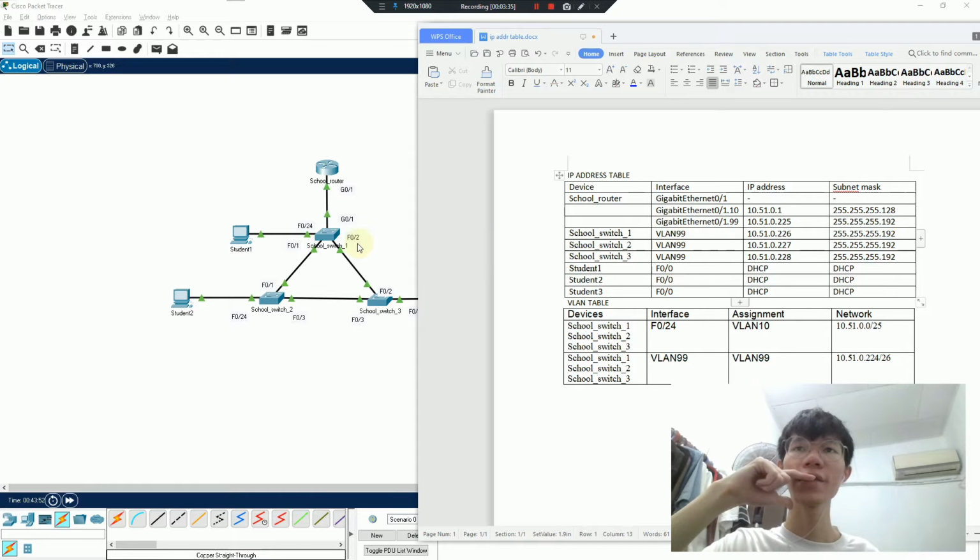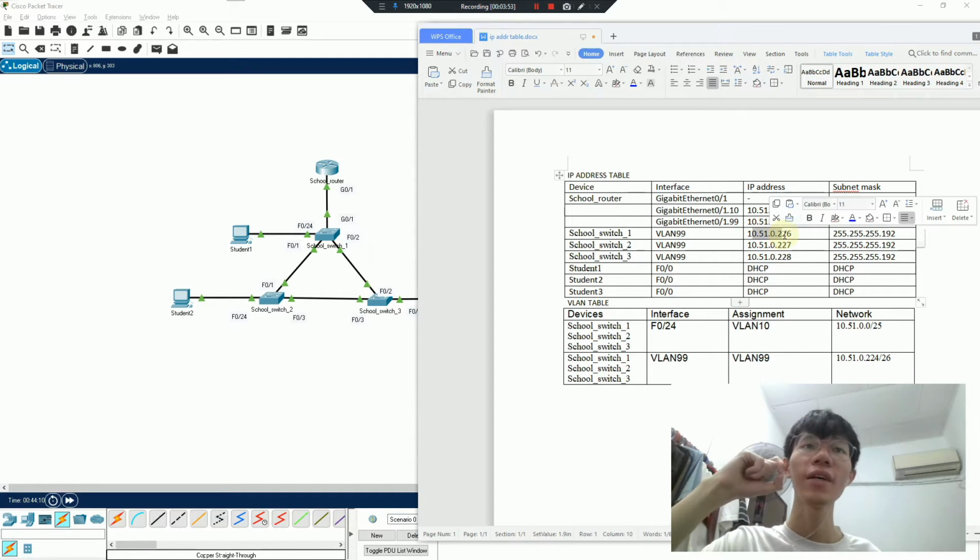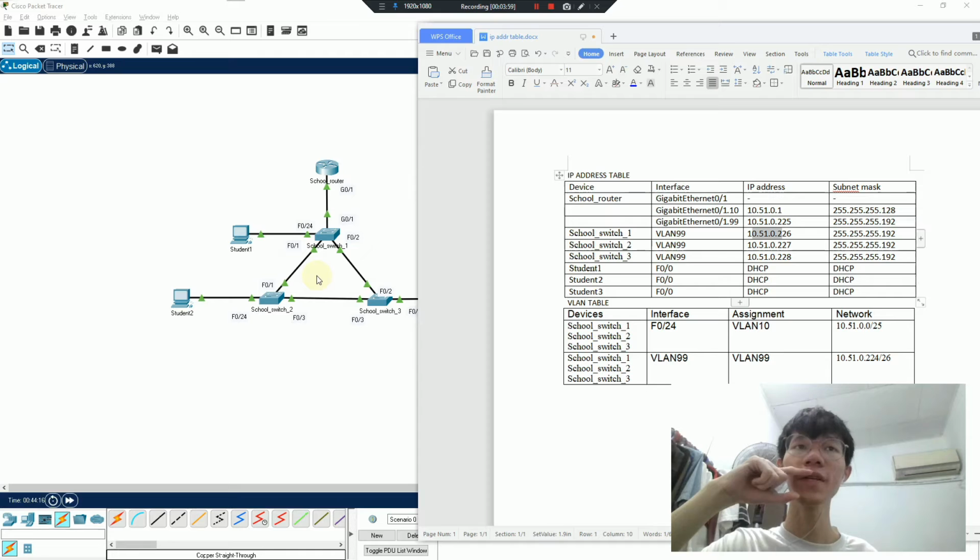I use the VLAN interface VLAN 99 and configure the IP address for the SVI VLAN 99 on switch 1 as 10.51.0.226, on switch 2 as 10.51.0.227, and on switch 3 as 10.51.0.228.